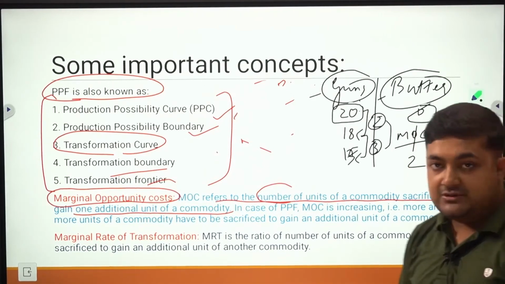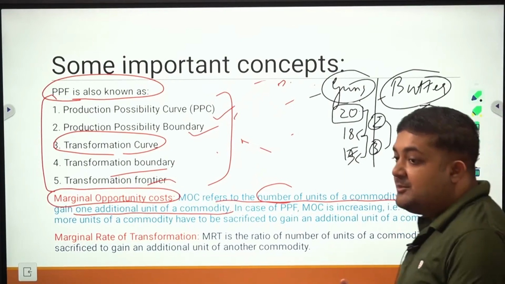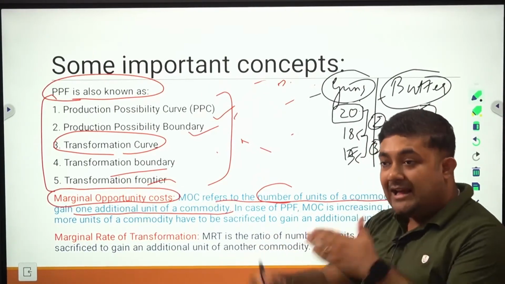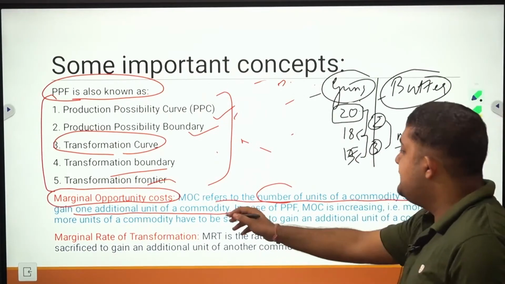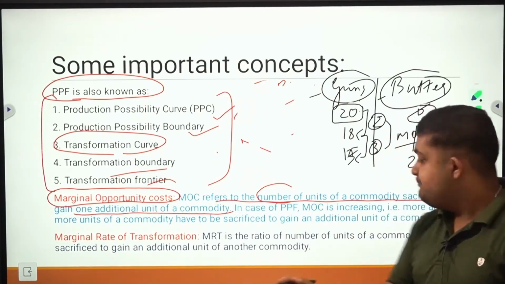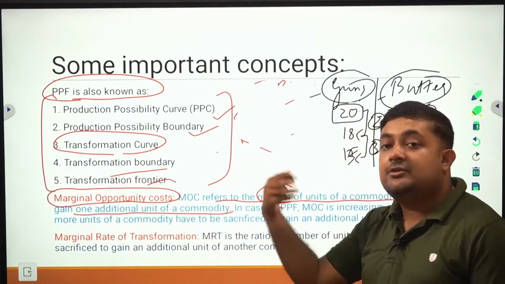This is what MOC is. So if we have to produce an additional commodity, how much of another commodity we have to sacrifice, that is MOC. Very simple: it refers to the number of units of a commodity sacrificed to gain one additional unit of another commodity.